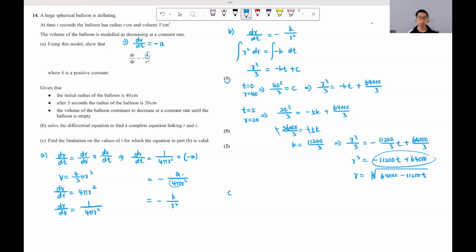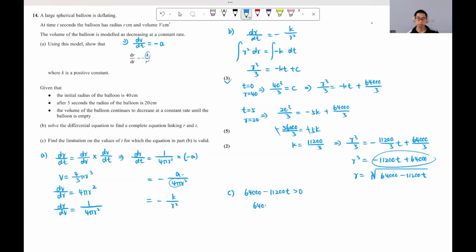Of course, time has to be positive, and so does the radius. You can't have a negative radius. Therefore, whatever is inside the cube root has to be positive. So 64,000 minus 11,200t has to be more than 0.